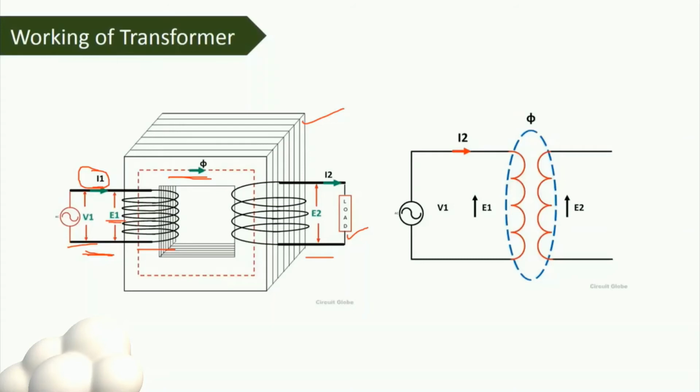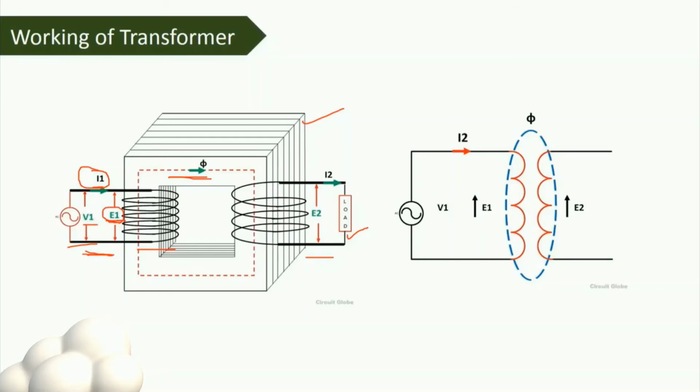When they are kept in close proximity, the magnetic field induced by the first coil will provide current through the second coil, right? That current is I2. And because of the current flowing, there will be an EMF generated, E2, which will drive the load.